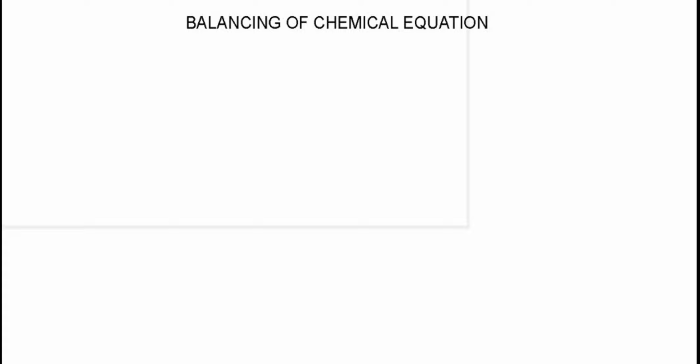In today's class, we are going to look at balancing of chemical equation. Let's take a look at this equation. In a chemical equation, we have two parts.